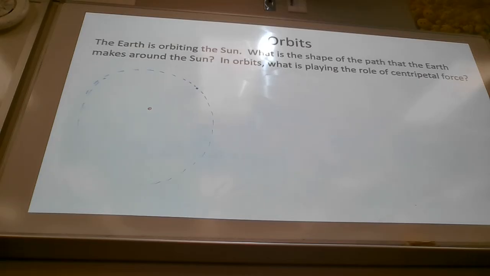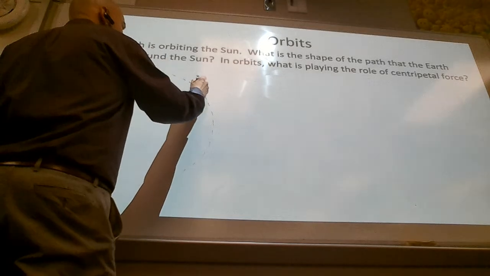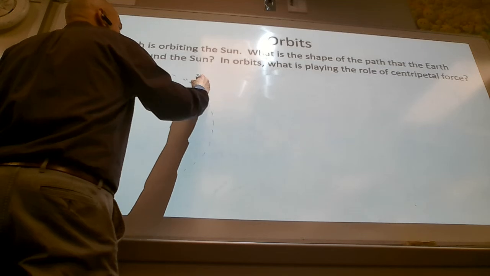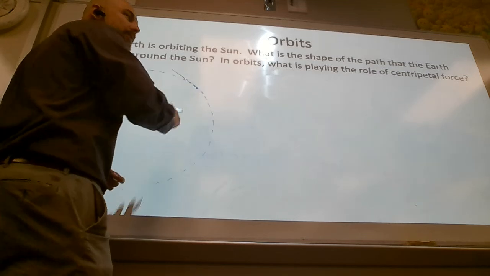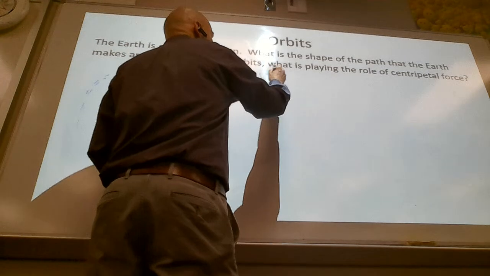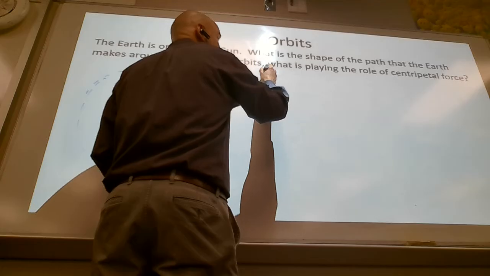Do objects naturally want to move in a circular path? Objects naturally want to do what? In a straight line tangent to the circle. What's enabling this to move in a circle? What is playing the role of centripetal force?